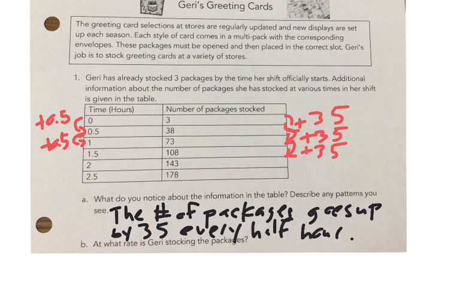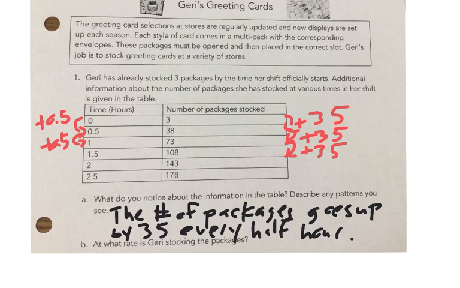B, at what rate is Jerry stocking the packages? 35 every half hour. That's right. There's nothing wrong with that. That's not the answer they gave. I guess they wanted to make it a unit rate. You guys remember unit rates? That's 7th grade.